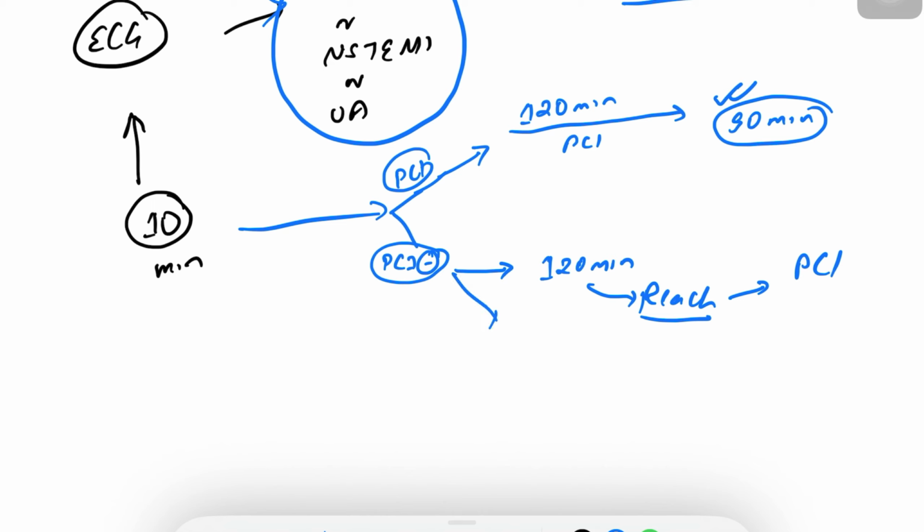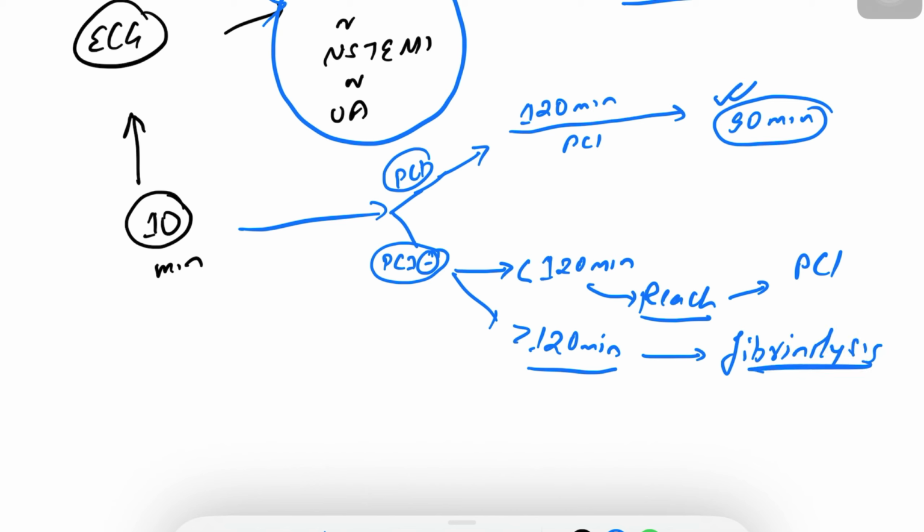Otherwise, if the patient needs more than 120 minutes to reach the PCI capable center, we have to do fibrinolysis and send that patient to a PCI capable center.